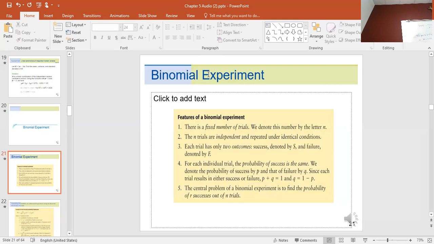Success, failure, failure, failure, failure, failure. Failure, failure, failure, failure, failure, success. How many outcomes do you think we can have? How many? 6. 6, right?